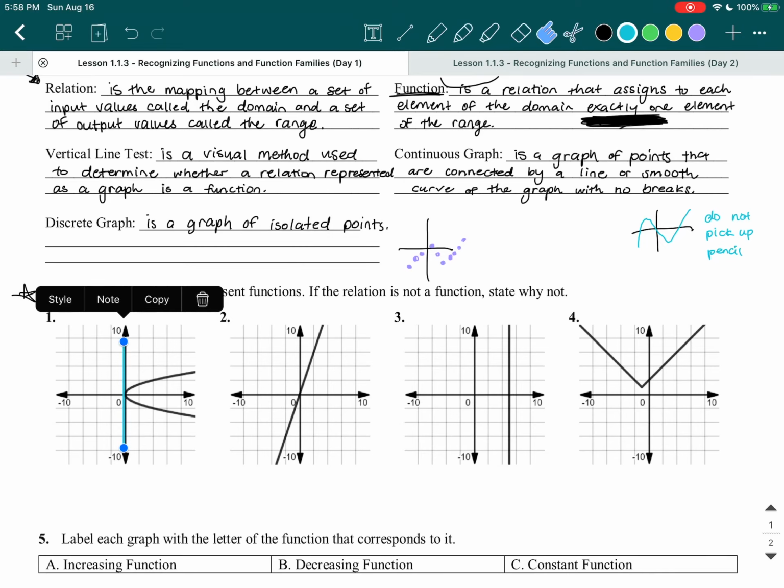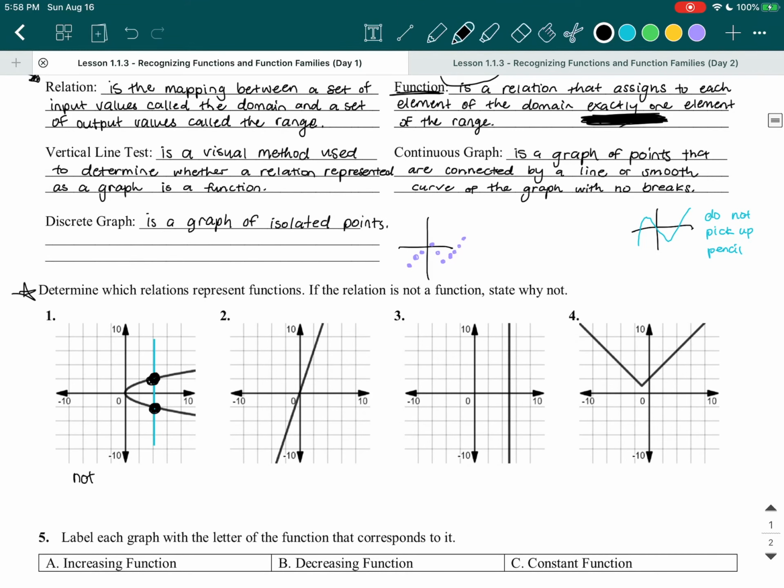If I put it right there, I am touching one spot on the graph. I am touching the corner point. But what if I move it a little bit more to the right? How many spots am I touching on the graph now? There's this spot right here and this spot right here. That means this input has two outputs, this top output and the bottom output. This is like Miss J with two boyfriends, okay? So this is not a function.